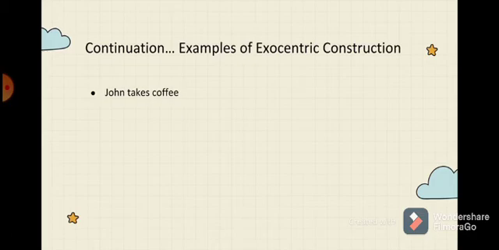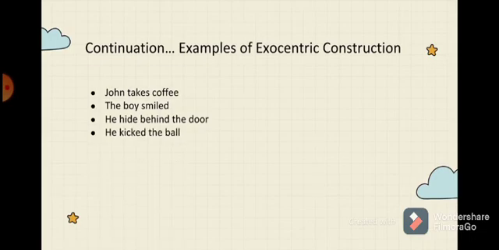In the example, John takes coffee, there are no constituents that are comparable to the entire sentence. So that's why sentences are exocentric types. The second is the boy smiled, and the third, he hid behind the door and he kicked the ball.